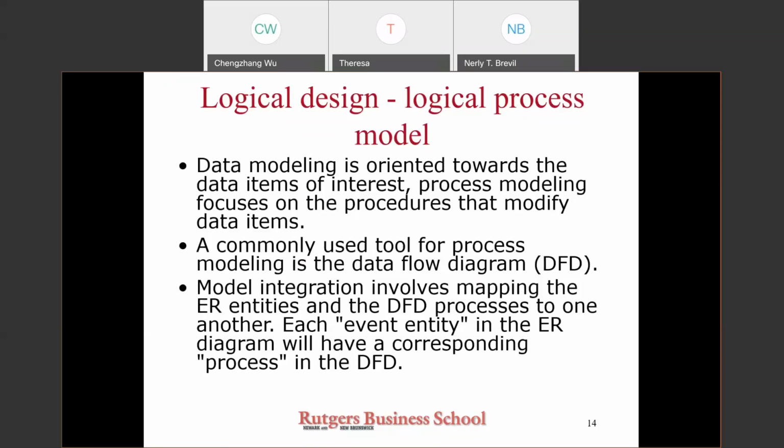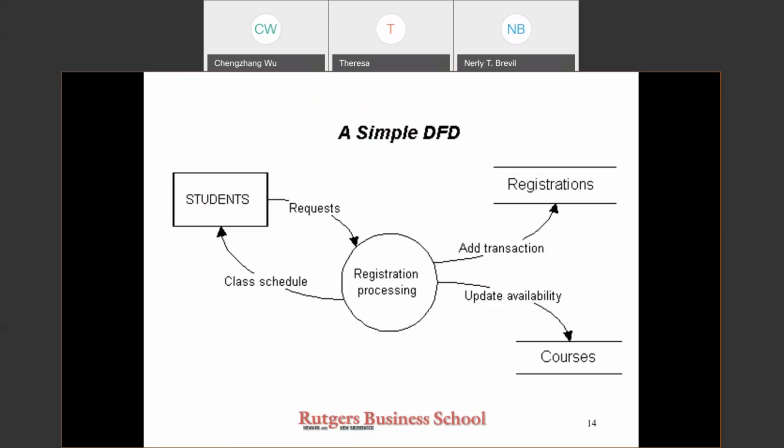The DFD technique will also be discussed in greater detail in the next chapter. So here we just simply get to know the basics of the DFD model. In the DFD model, only four symbols are used.